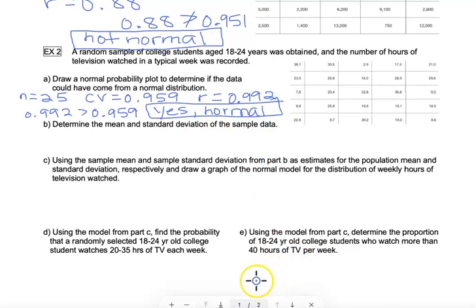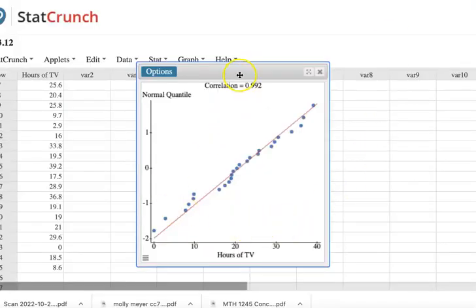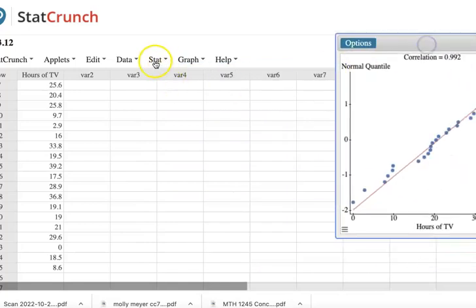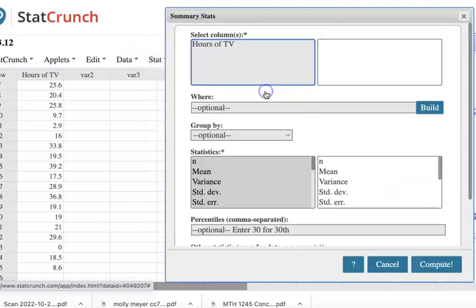So the next thing I want to do is determine the mean and standard deviation of the sample data. We've been used to, in the past couple sections, them giving us the mean and standard deviation. When we have the data, we typically have to find that ourselves. So I'll go back over here and go to Stat, Summary Stats, Columns, Hours of TV.